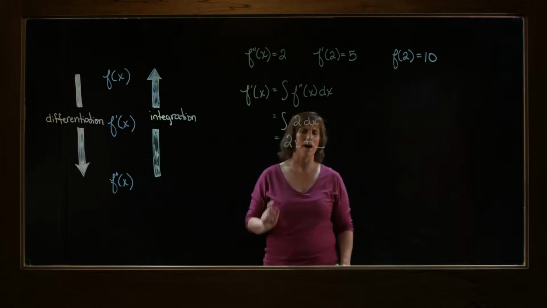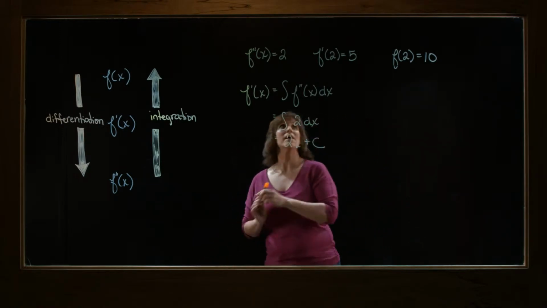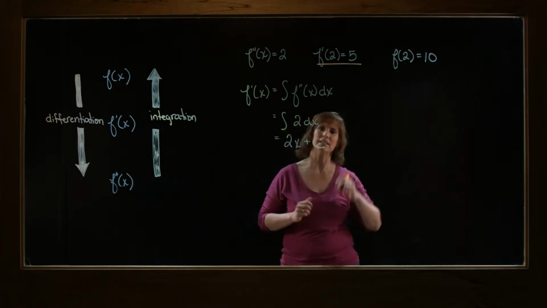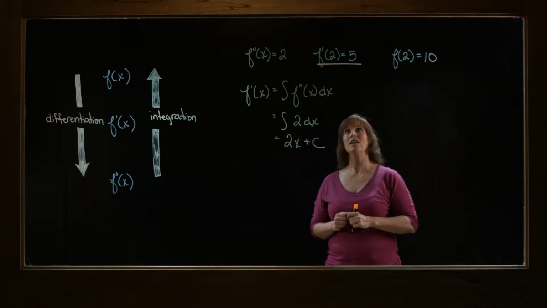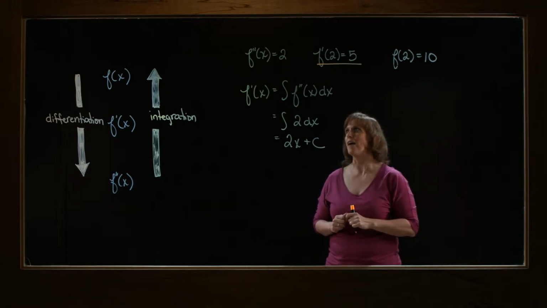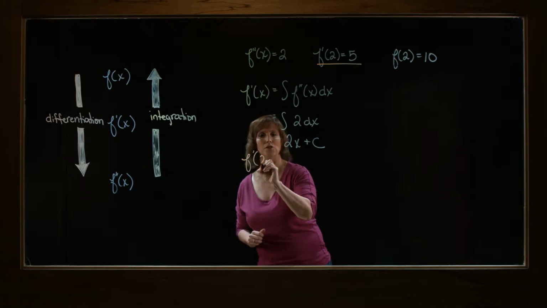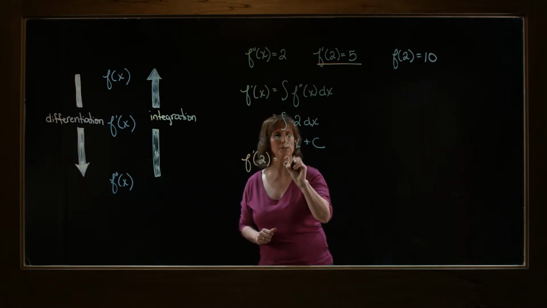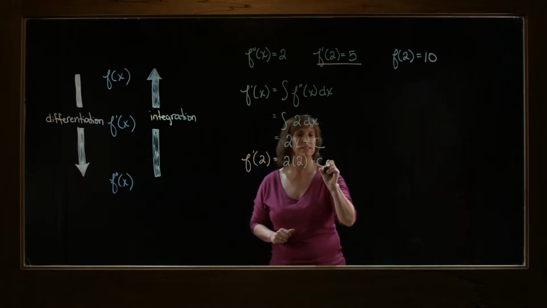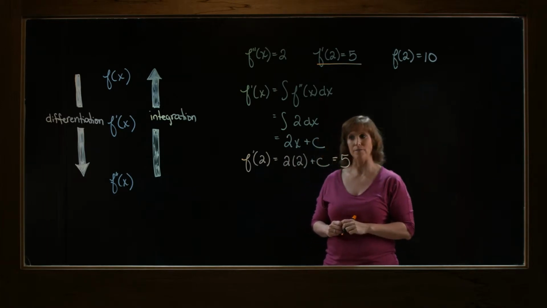Now we have to figure out what that constant is. Well, I can use my first initial condition to help me out with that. I know that when I plug 2 into the derivative, my answer will be 5. So when I evaluate my first derivative at 2, I have 2 times 2 plus my constant of integration, and that has to equal 5.